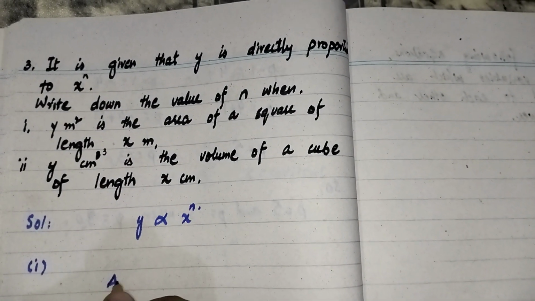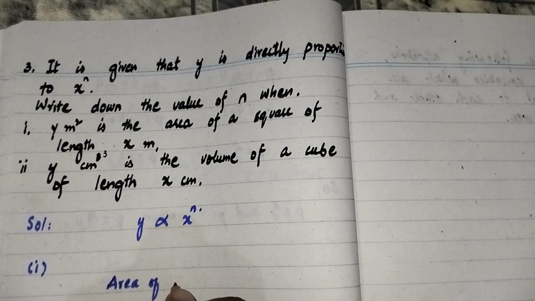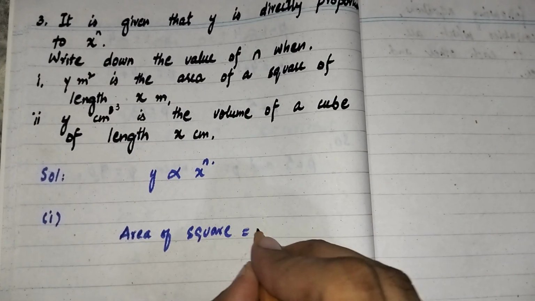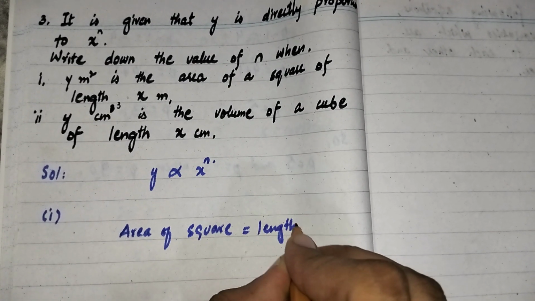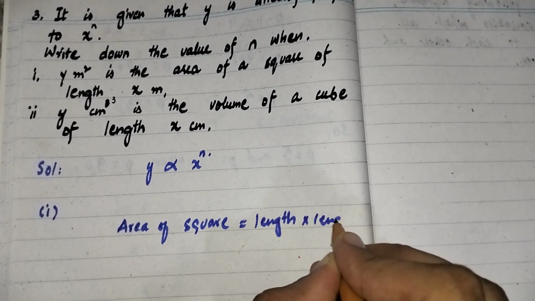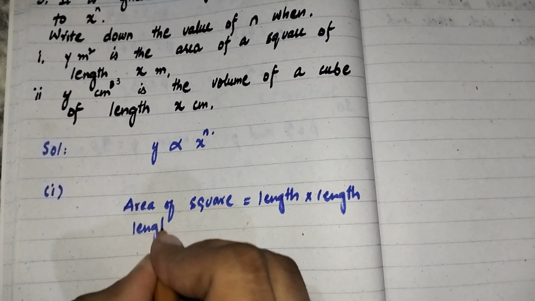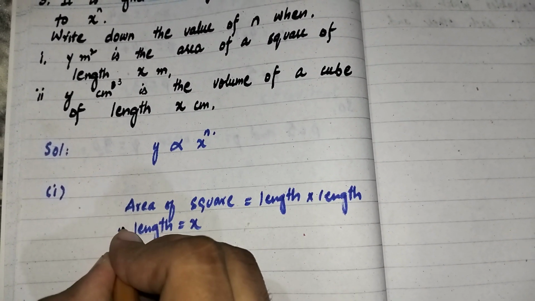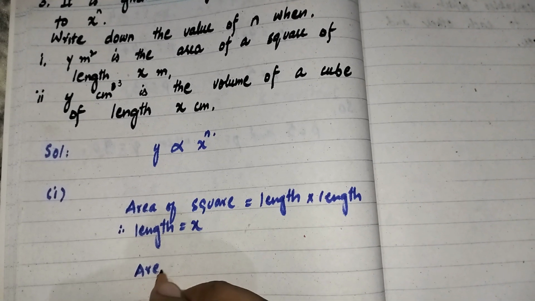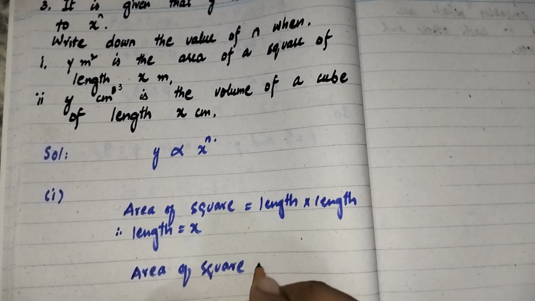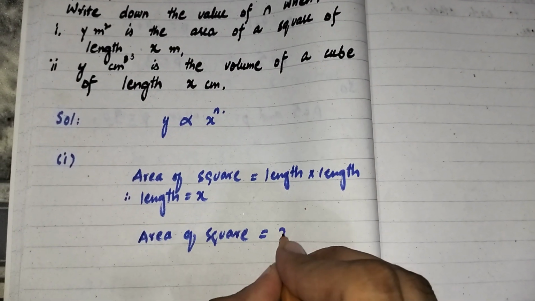As we know, the area of a square is equal to length multiplied by length. As length is x, the area of a square is equal to x square.